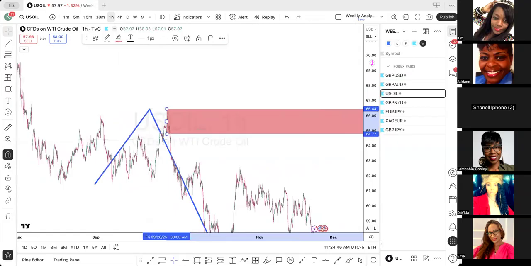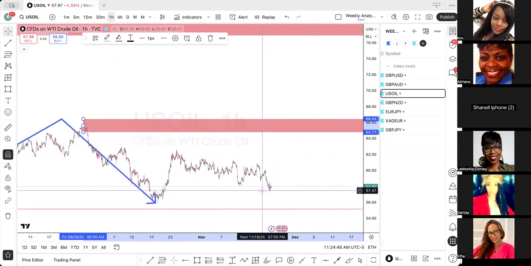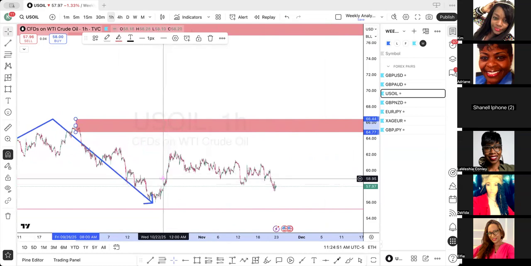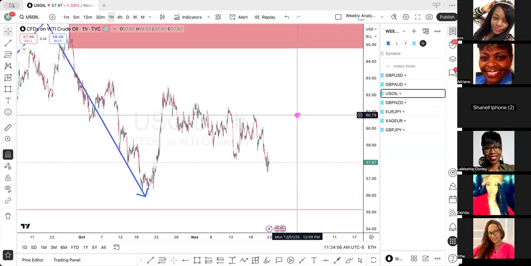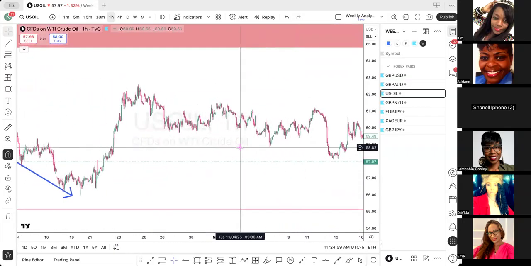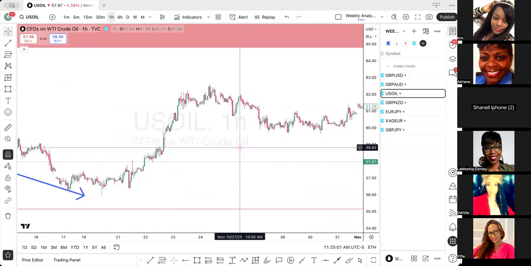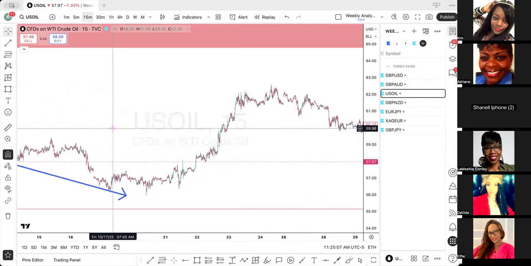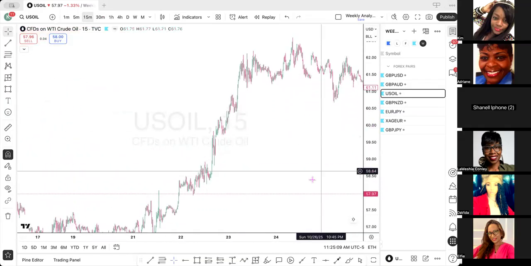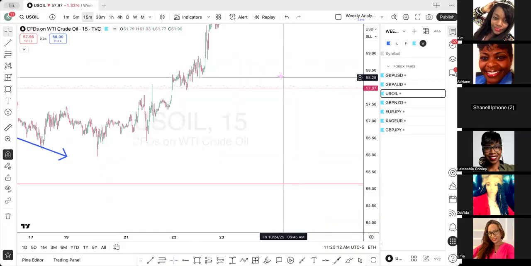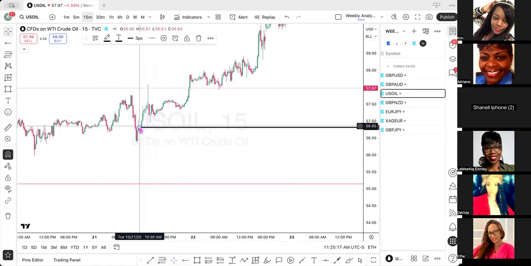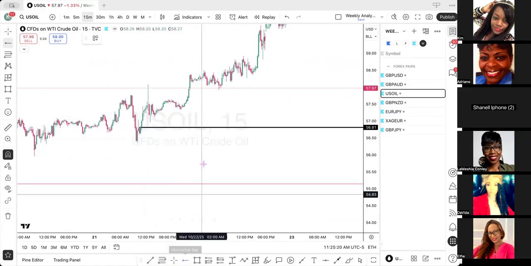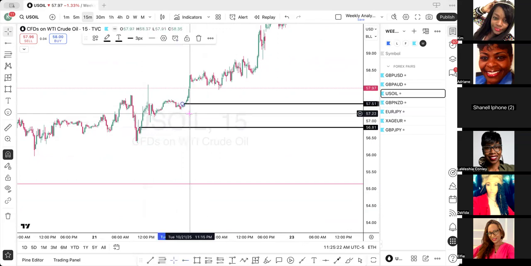So price shifted structure. Let's find our 15-minute demand zone. That's the 15-minute demand zone. So right here is a zone. And let's just mark this one right here.